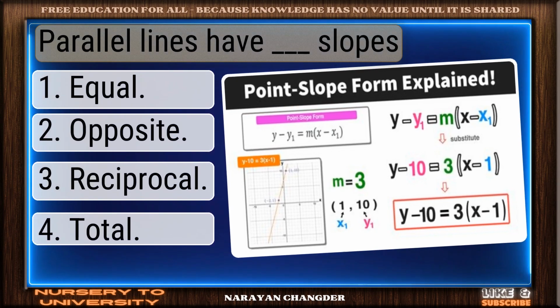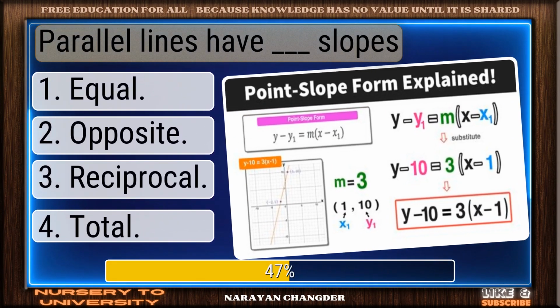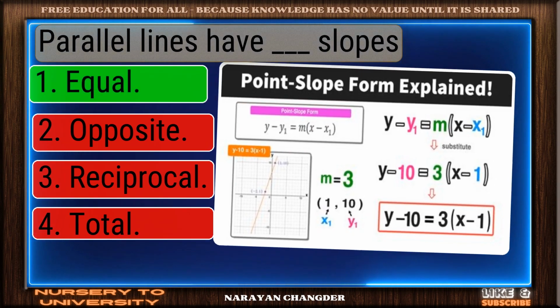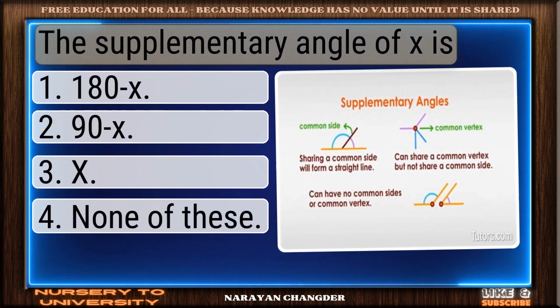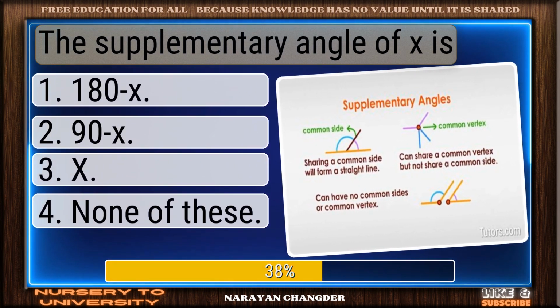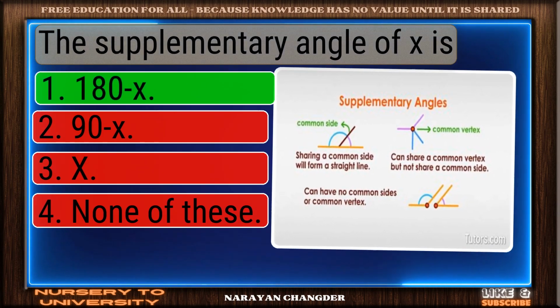Question number 273. Parallel lines have dash slopes. Great thinking. Equal is the right choice. Question number 274. The supplementary angle of x is. Right choice. 180 minus x is the best answer.